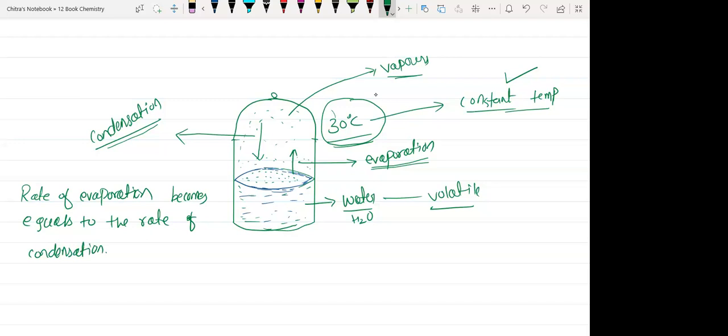In the last colligative properties lecture, we also discussed the same thing. The rate of evaporation becomes equal to the rate of condensation, and it is possible only at a constant temperature.